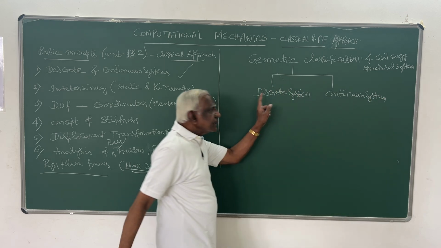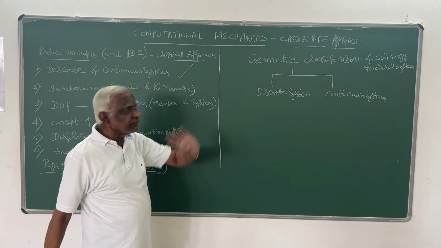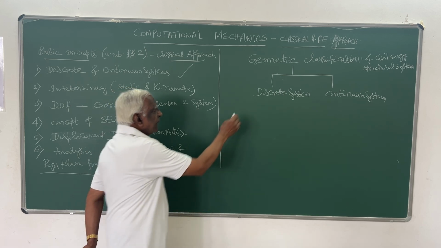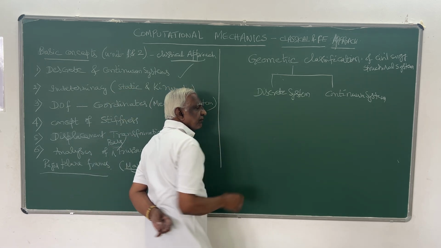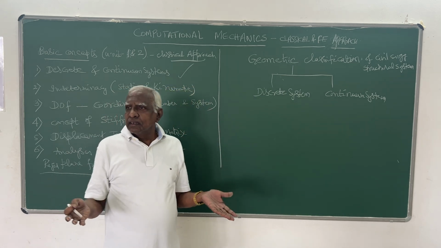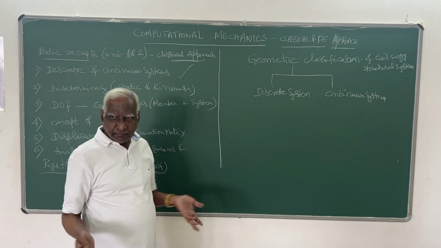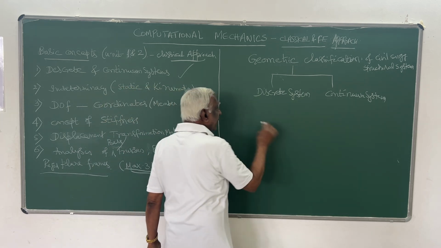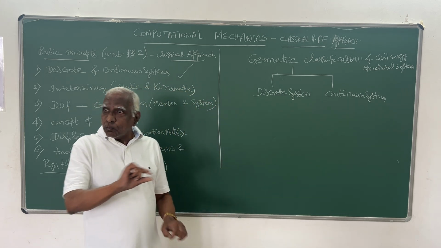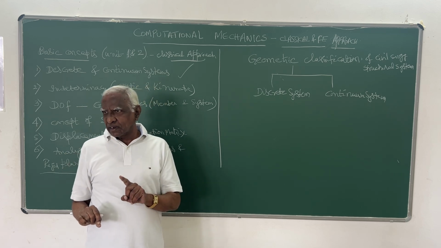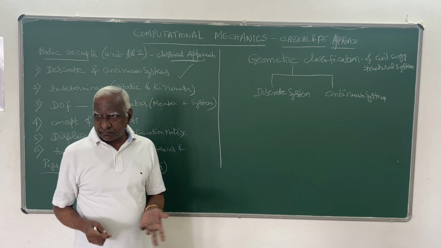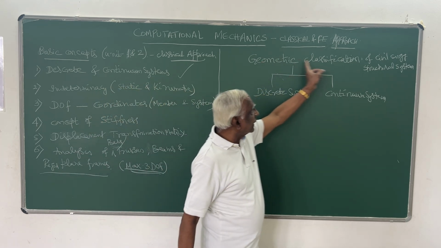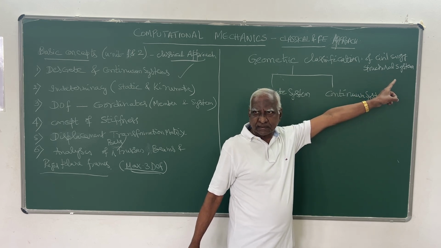This discrete system of civil engineering structures is basically made out of a number of members or elements which have one dimension very large when compared to the other two dimensions. Because I am talking about geometrical classification.